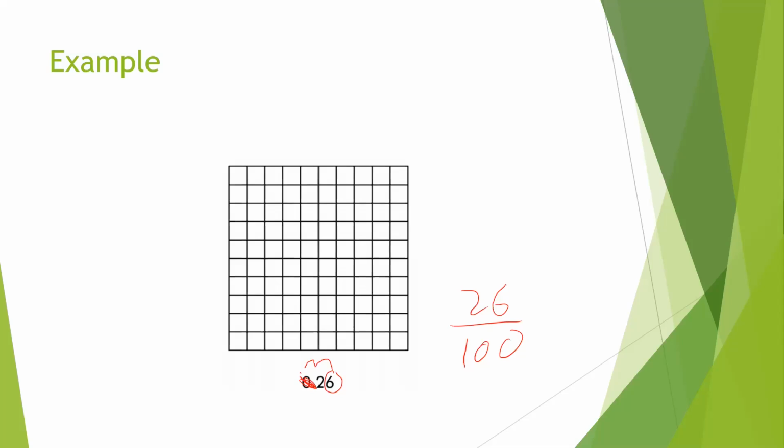Since the number of boxes matches the denominator, which is the number on the bottom of the fraction, I am going to shade in the number of boxes that is the same as the numerator, which is the number on top of the fraction. So that means 26 boxes. I'm just going to try and color this in, but I can't really do it. Yeah, that's 26 boxes.